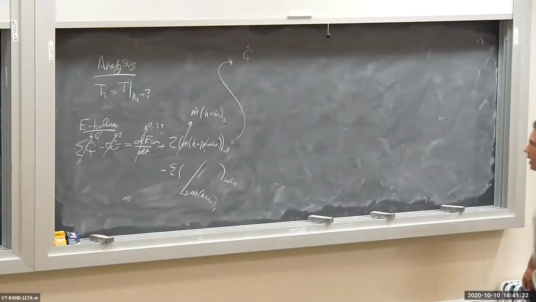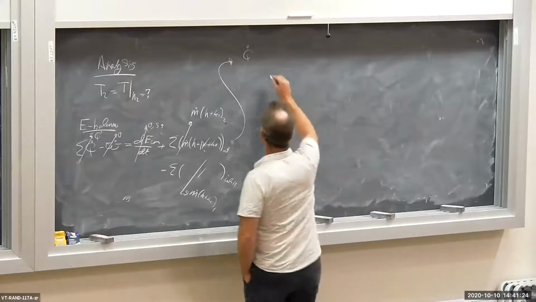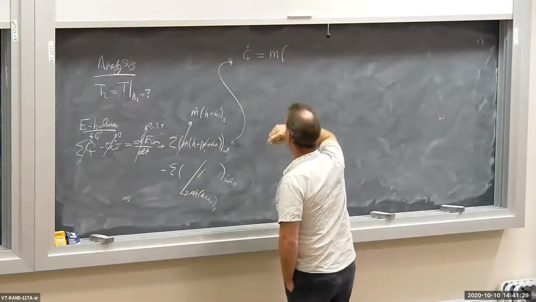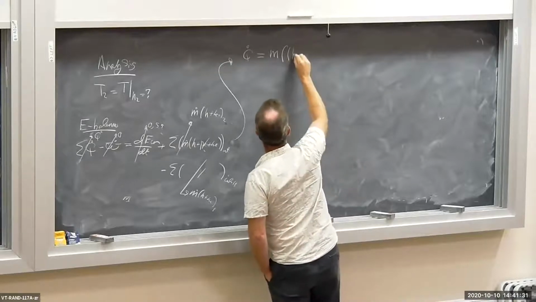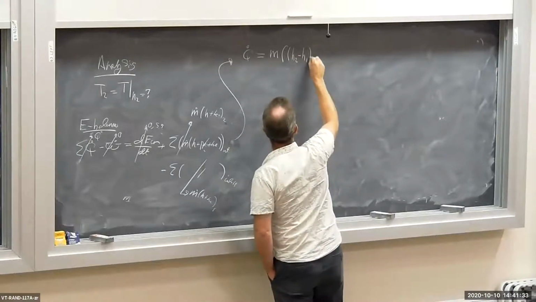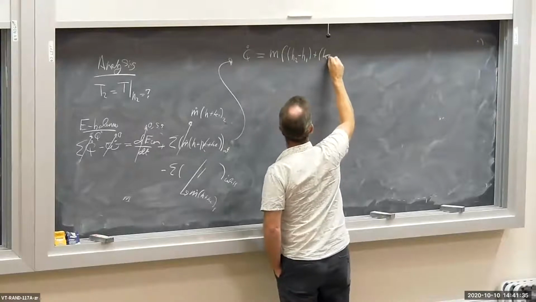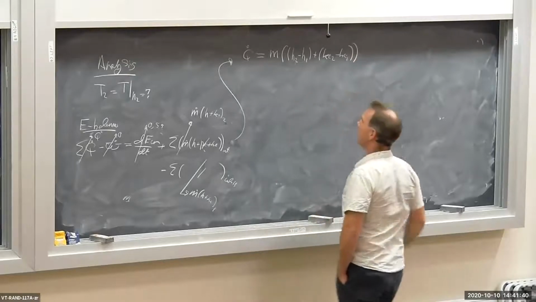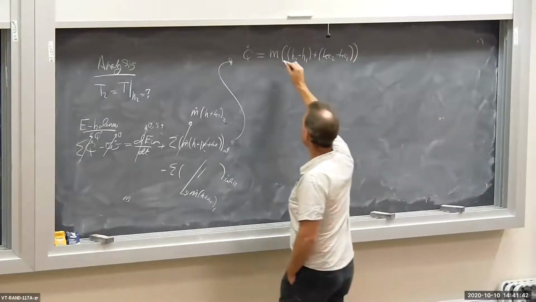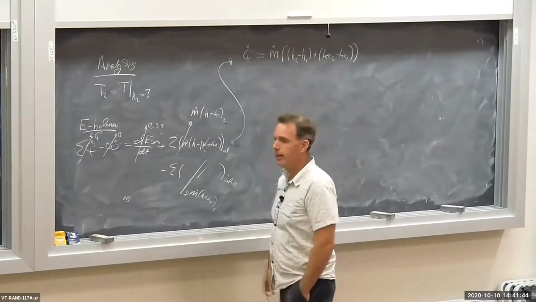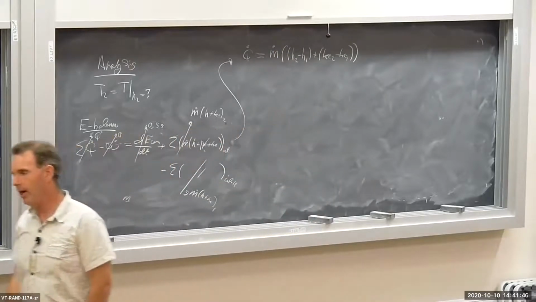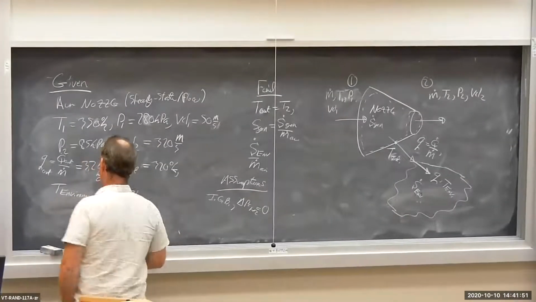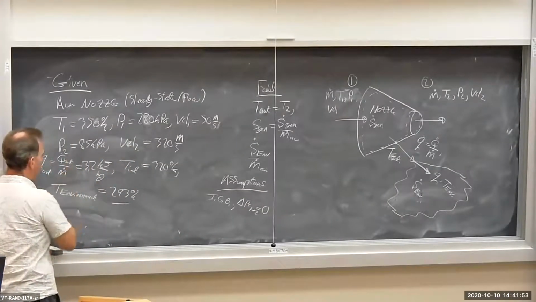So I got Q dot is equal to m dot, and I'm going to group terms together here: m dot times (H2 minus H1 plus KE2 minus KE1). Okay, so there's my energy balance. Now I don't have Q dot or m dot. All I have is Q dot per unit mass, Q dot out over m dot.